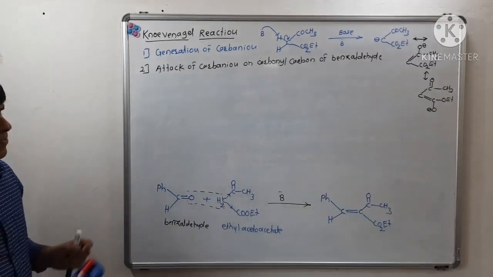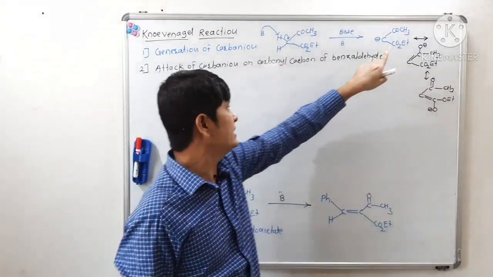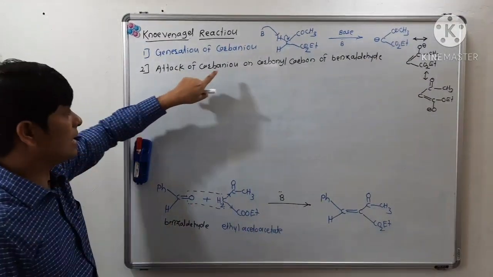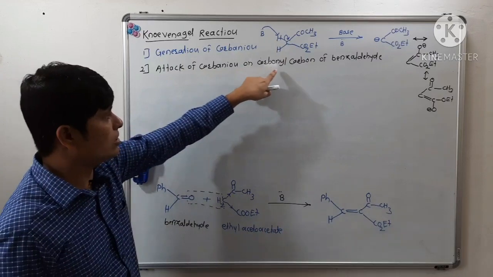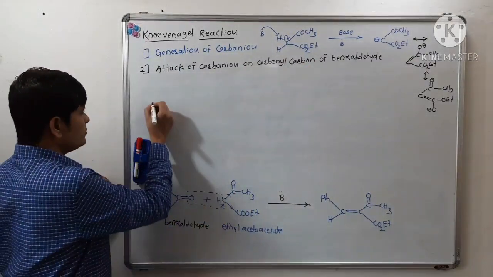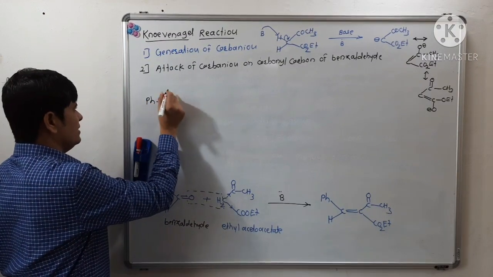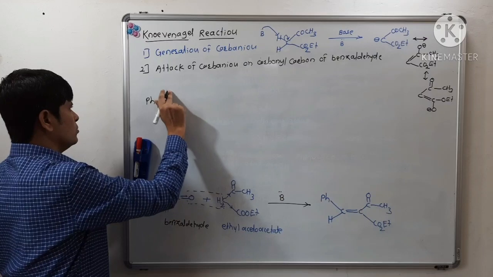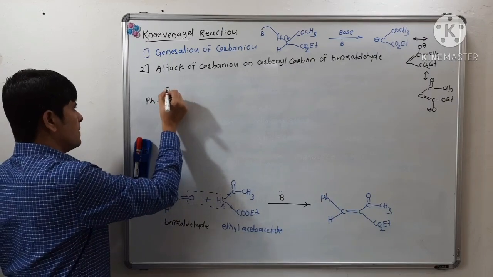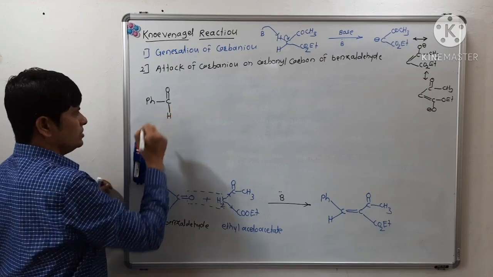What is the second step? Attack of this carbanion on carbonyl carbon of benzaldehyde. Write it. Write the molecule of benzaldehyde. I will write the benzaldehyde molecule in this fashion.